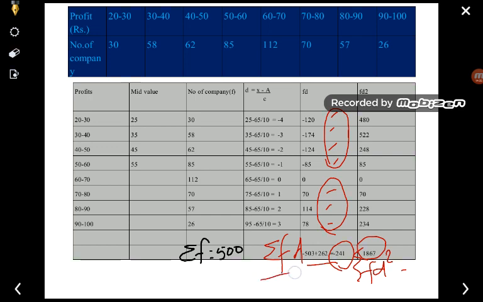So you got the summation of FD, you got the summation of D square, and you know the summation of F is n, the number of observations, which is the total of the frequency, and the frequency is 500.